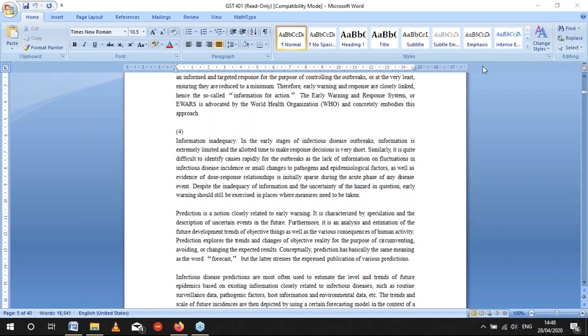It is very essential for disease early warning to be timely in its detection and warning during the early stages of an outbreak.